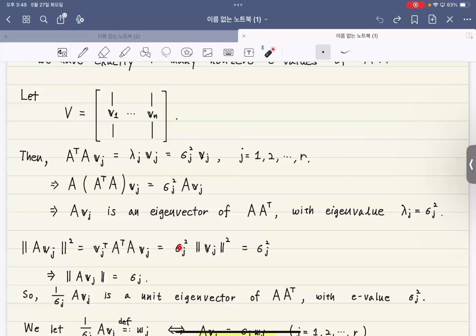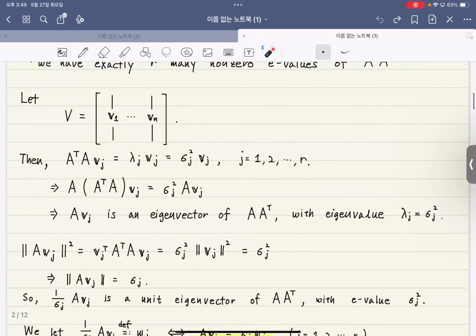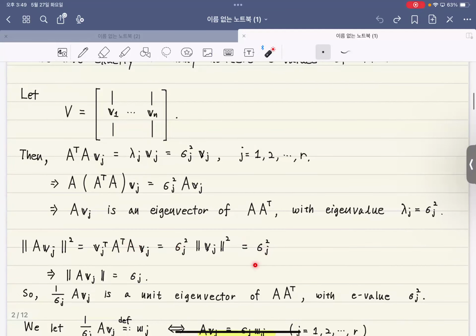Therefore we get sigma j squared times the length of vj squared. But we said this is an orthogonal matrix, so every column has length 1. So taking the square root of both sides, we conclude that the length of this eigenvector A vj is sigma j.